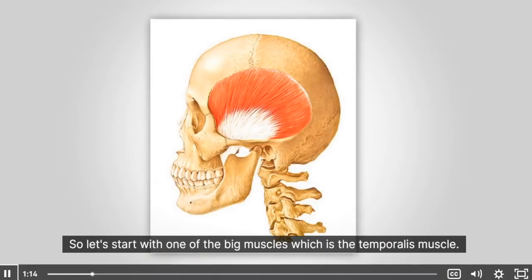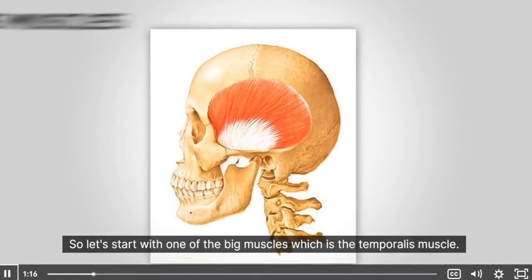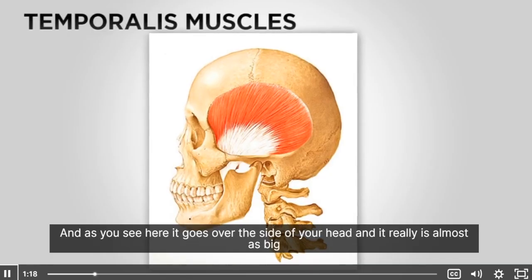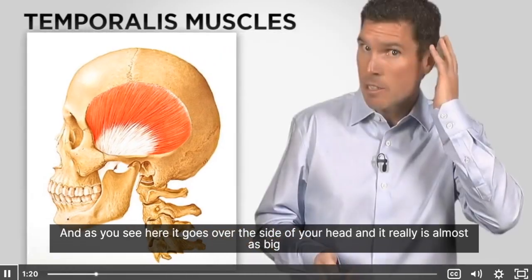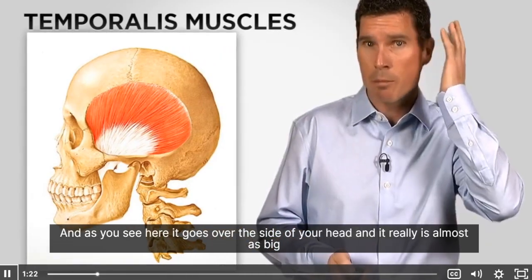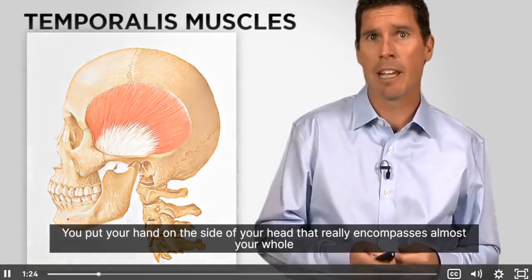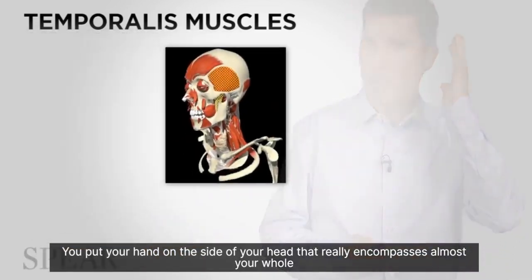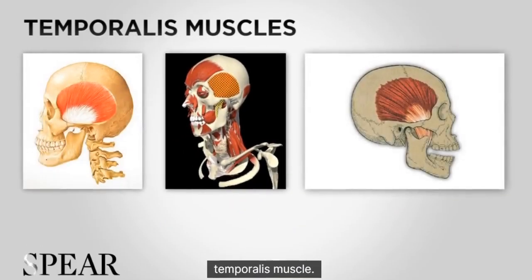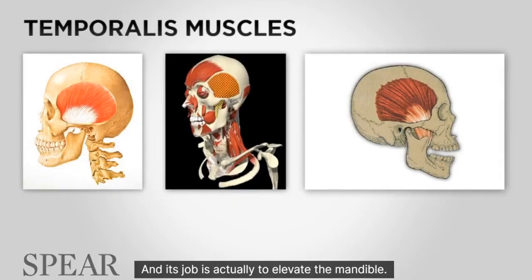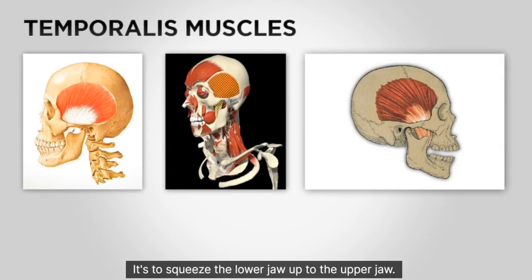So let's start with one of the big muscles, which is the temporalis muscle. As you see here, it goes over the side of your head, and it really is almost as big as your hand. If you put your hand on the side of your head, that really encompasses almost your whole temporalis muscle. Its job is actually to elevate the mandible. It's to squeeze the lower jaw up to the upper jaw.